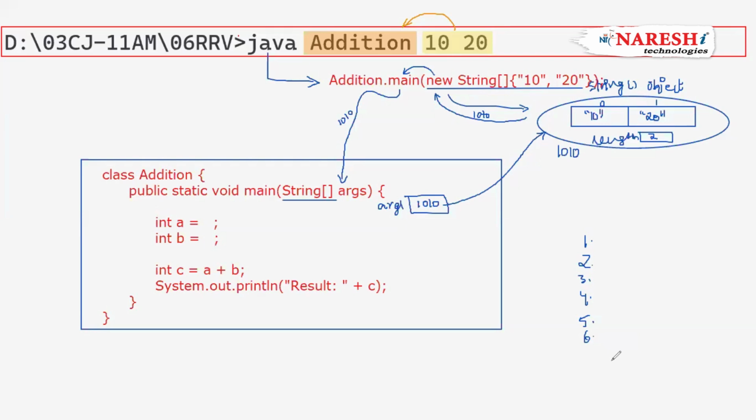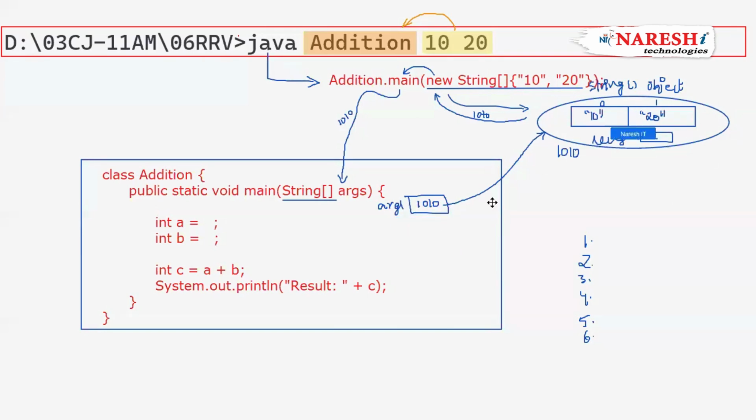How can we read the command line arguments in our program? Tell me how to read. Currently the values are available where? In an array. What is the name of the array? I'm not asking the type, string array type, what is the name of the array? Args.